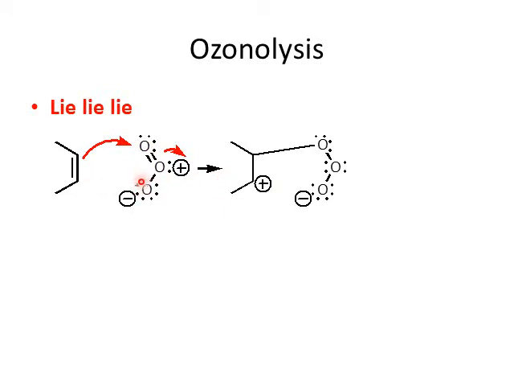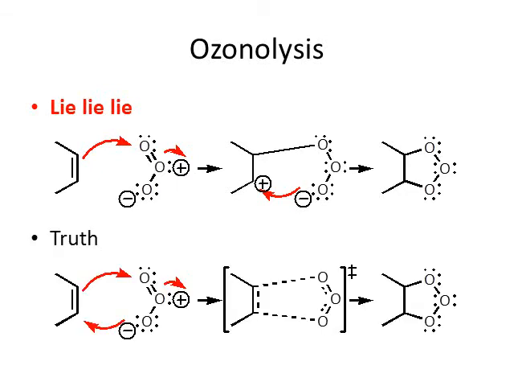And at the same time, we have this oxygen that wants to share electron density with somebody, and in the process of that first bond formation, we form a second carbon-oxygen bond to make a ring.